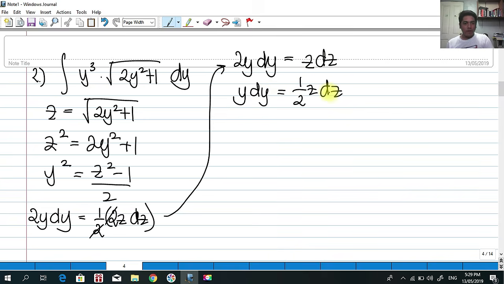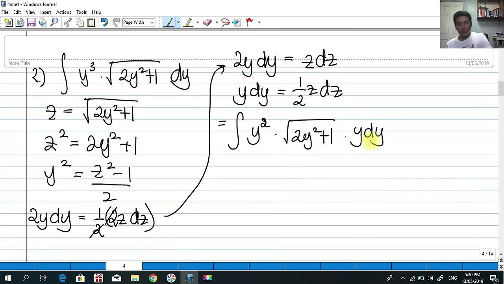So, in our integral, we can rearrange it by isolating, stripping one y, so that we have y squared multiplied by the square root of 2y squared plus 1 multiplied by y dy. So we can use the y dy value of 1 half z dz. So again, we can now integrate this.